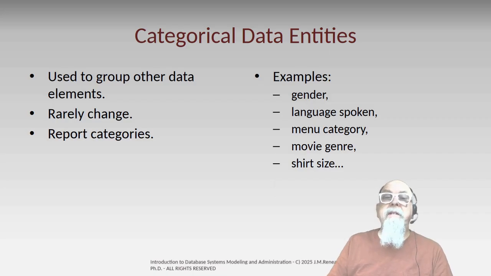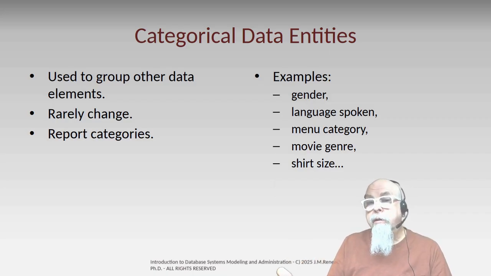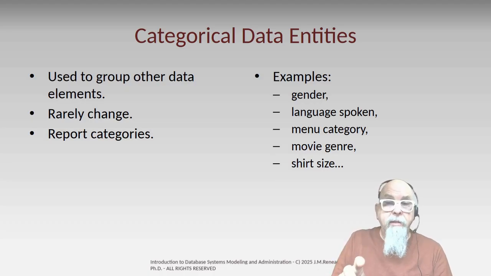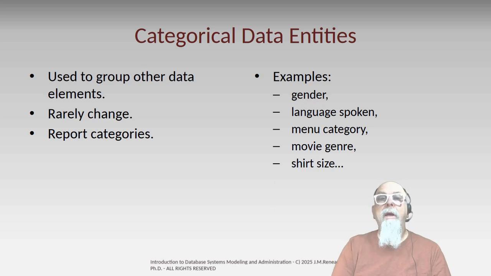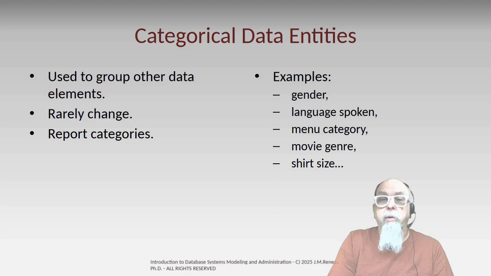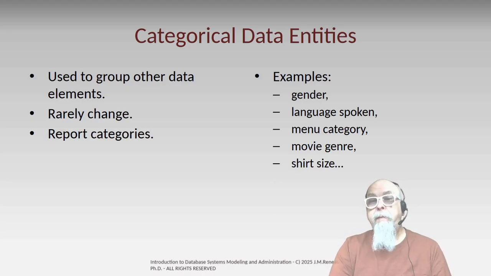So here are some examples of categorical entities that we may want to use. Again, remember, they're used to group other data elements together. They rarely change. They're usually categories in a report, or the ways that we break summaries of a report. Examples for a human would be their gender, or the language they speak.